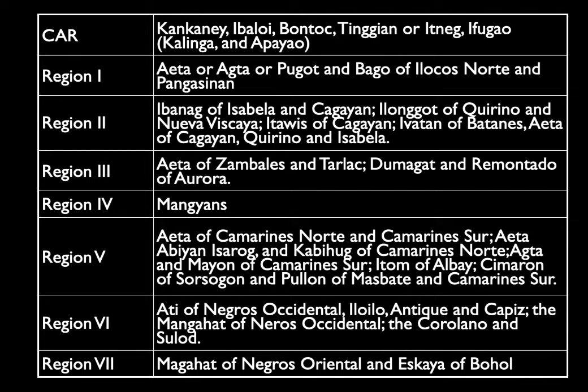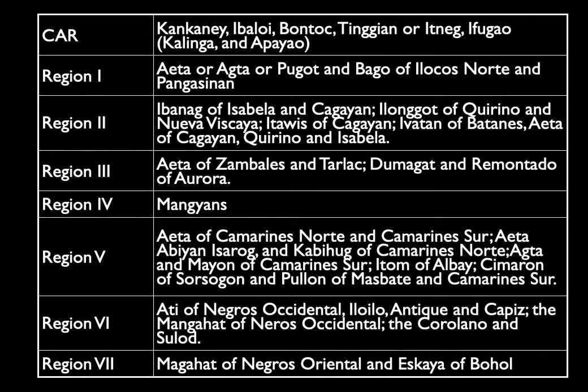In Region 3, we have the Agta of Zambales and Tarlac, Dumagat and Remontado of Aurora. In Region 4, we have Mangyans. Region 5, Agta of Camarines Norte and Camarines Sur, Abian, Isarog, and Kabihug of Camarines Norte, Agta and Mayon of Camarines Sur, Itom of Albay, Cimarron of Sorsogon, and Pulon of Masbate and Camarines Sur.